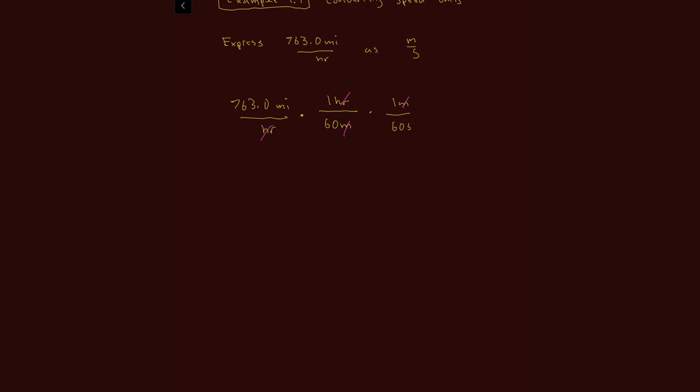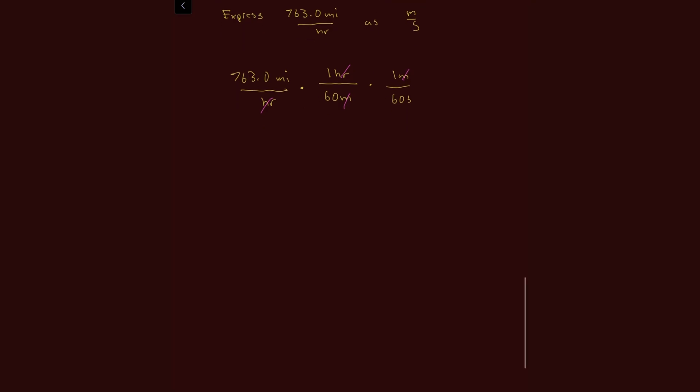Just as a rule of thumb, it could be good for you to memorize that 1 hour is the same as 3,600 seconds. I just spelled it out in this scenario just to take us step by step, since this is an introductory lecture. So now let's convert from miles to meters.